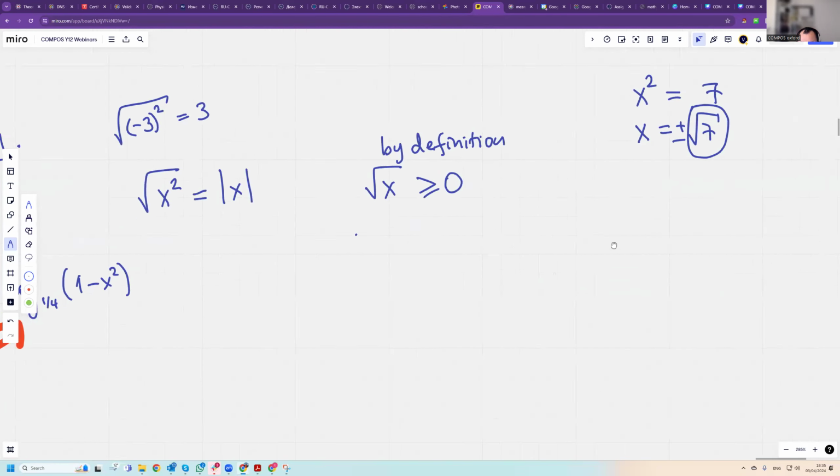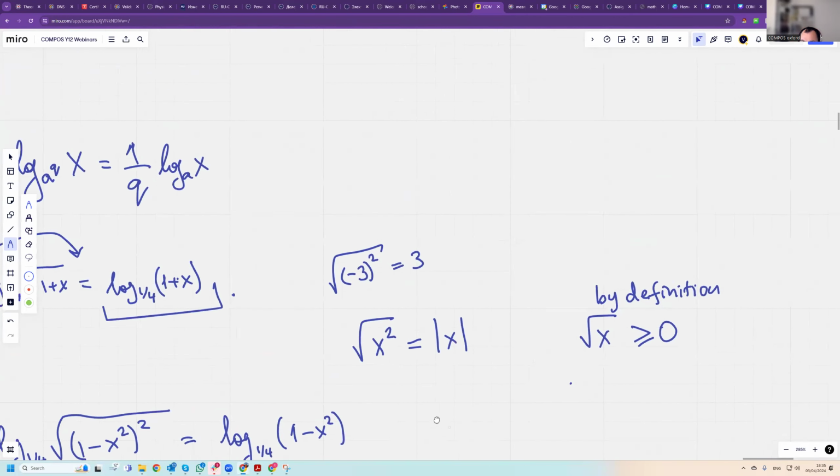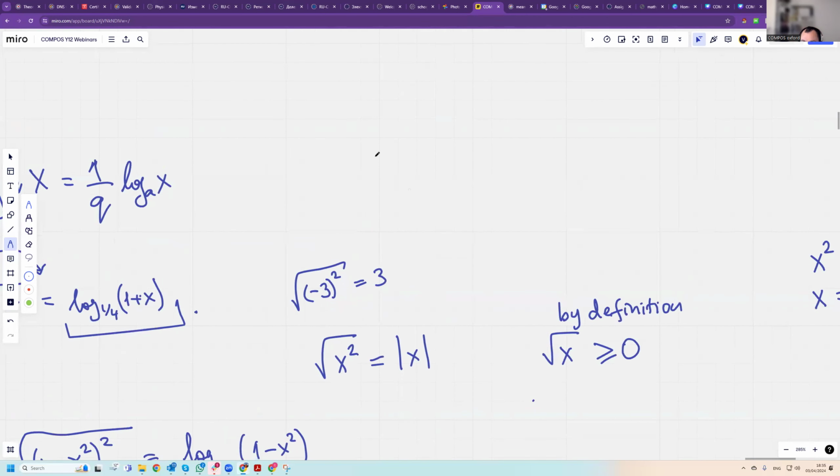So if you're writing that the square root of x squared is equal to x, for example, that is not true, because it doesn't work for negative x.